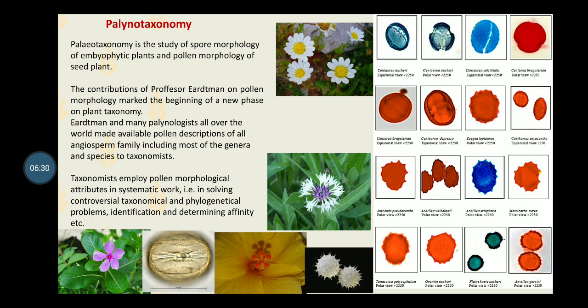So from this branch of Palynology, taxonomists will benefit, because from pollen morphology taxonomical problems can be solved, and NPC classification is a pioneer, or a very good source of this type of study, and this classification system is very helpful for the taxonomist.